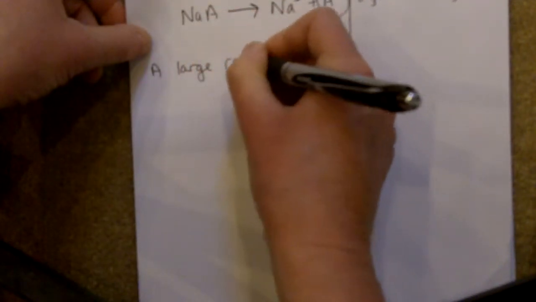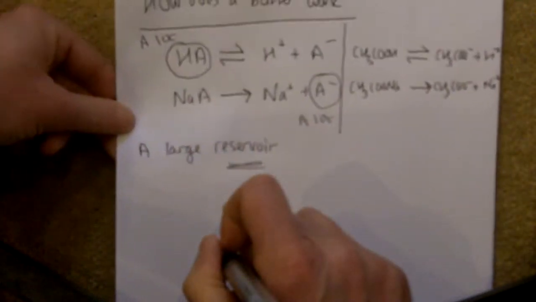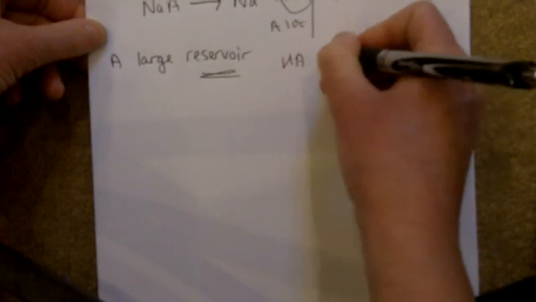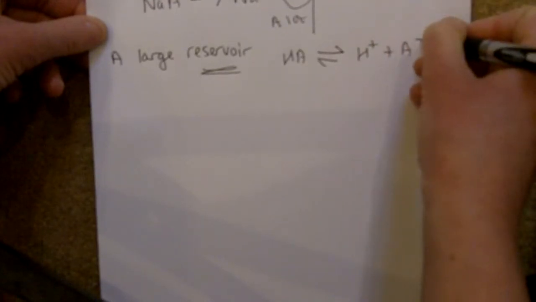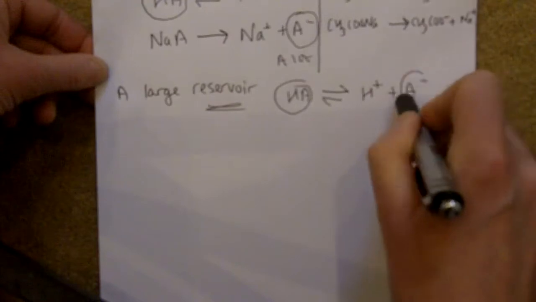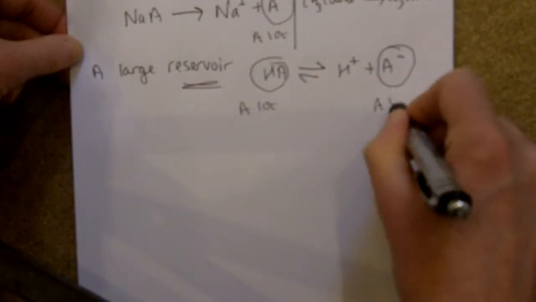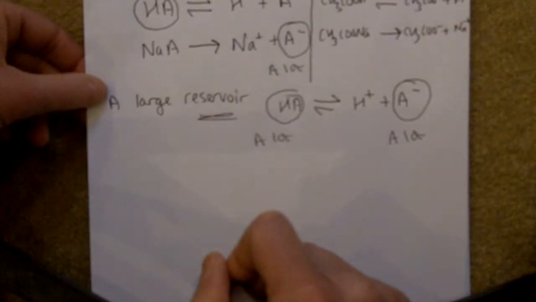It just means a lot. A large reservoir of A minus and HA. All right, so basically, in a buffer, you've got a lot of this and you've got a lot of that, in summary. And that's what minimizes the change in pH.